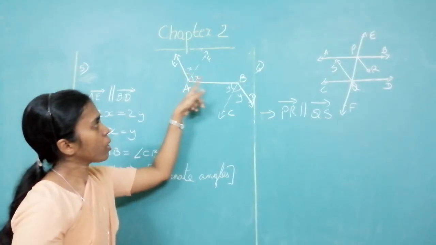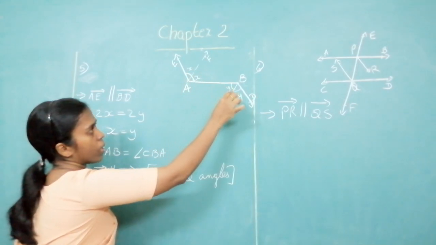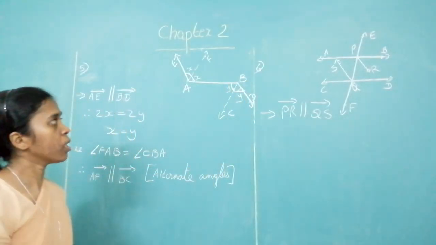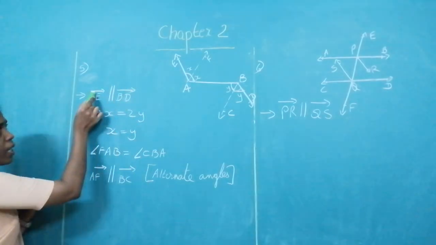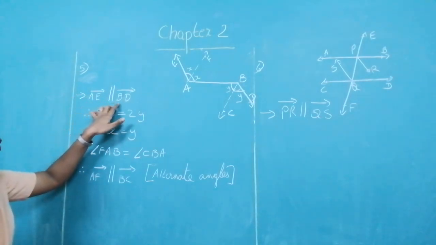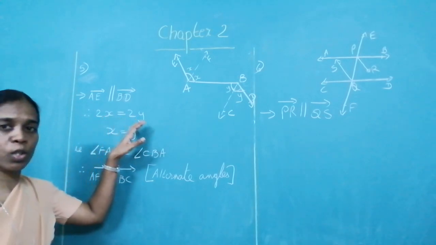What can you say about this entire angle? They are alternate angles. Since you are told that AE, I have put it as ray, please take care of that symbol over there. Ray AE is parallel to ray BD. Therefore, I can say 2x is equal to 2y.